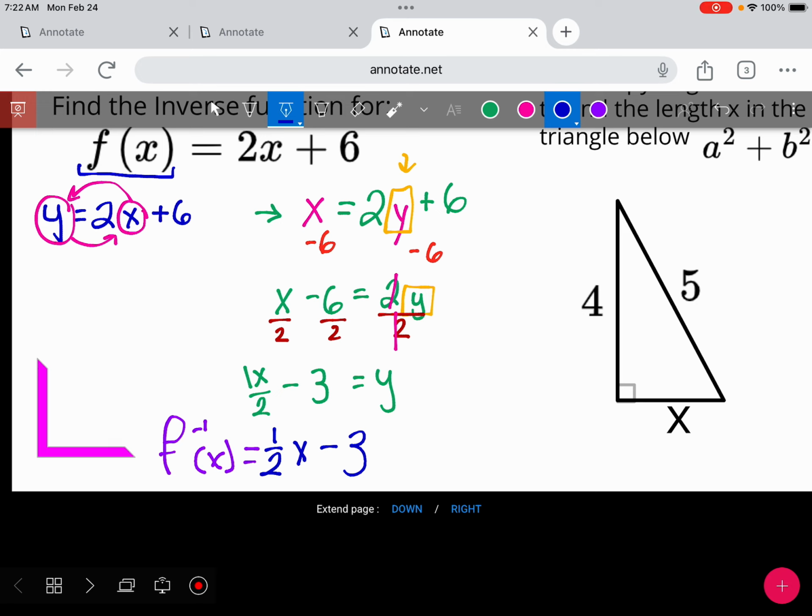You can put it as x over 2 minus 3. I was going to say you could even put it as x minus 6 all over 2. That's totally fine. They are all equivalent. But we do want to put it back into function notation when we're given function notation. Questions on anyone?